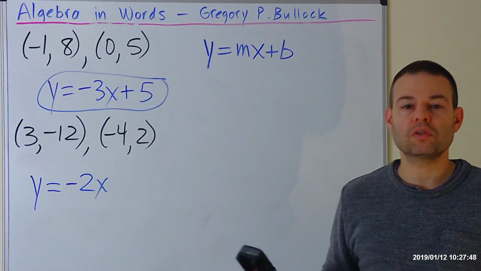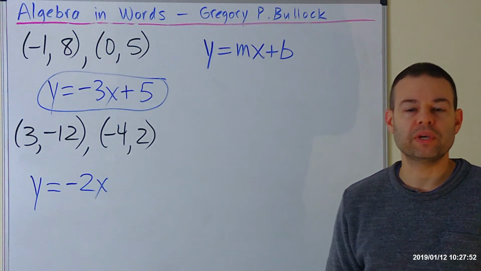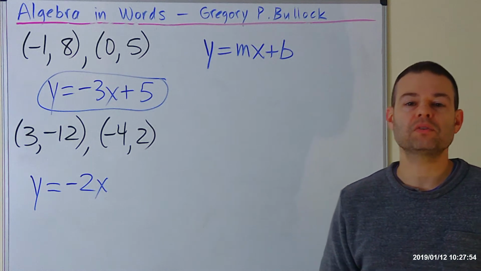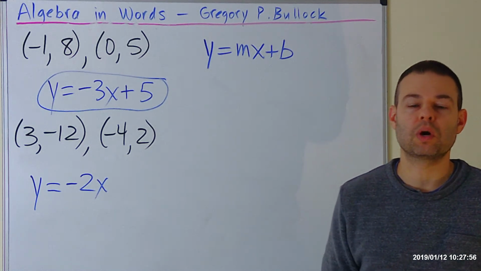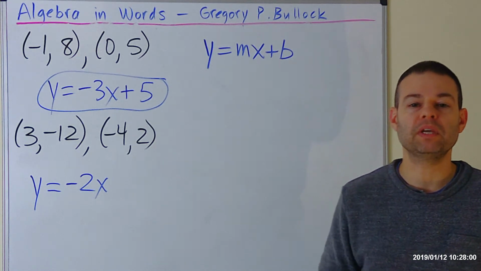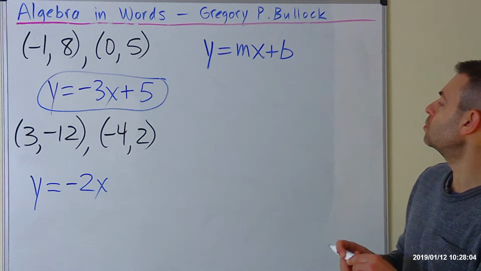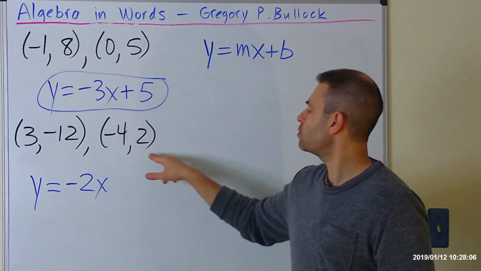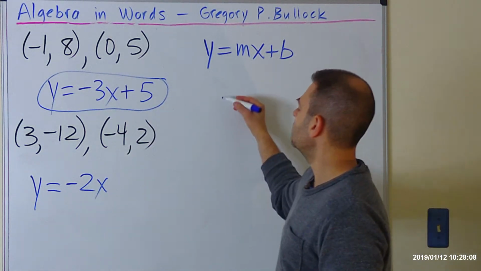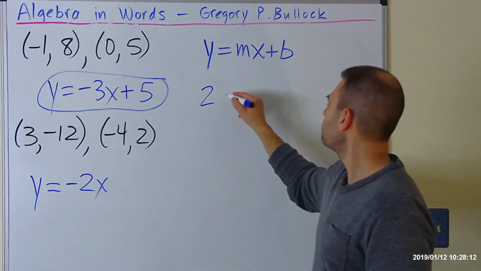We still use y equals mx plus b, but all we're going to do is substitute the values of one of the 2 points, you just choose one, into the equation, and then that'll give us enough to determine b. And it'll be the same no matter which point we choose. So just randomly choosing, I'm going to choose this point, and we're going to put 2 in for y.